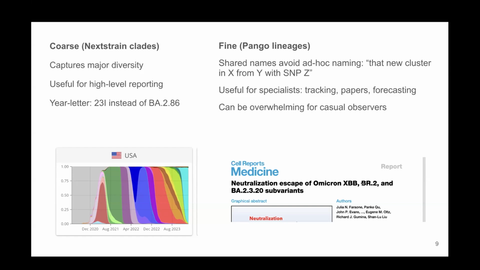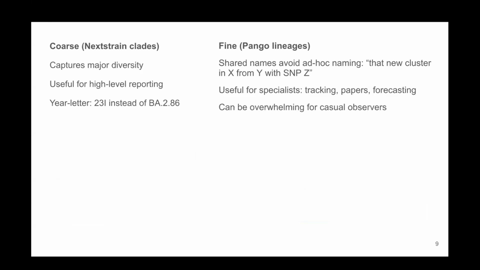For example, here BR.2 or BA.2.3.20 are part of the BA.2 or BA.2.75 Nextstrain clades. I don't even know what the clade names are, because they're just colors, but people can use those lineage names in papers and communicate very effectively which exact lineage they've studied. You can query BR.2 or BA.2.3.20 on Google Scholar and find all the neutralization studies. Whereas if there was no name for it, it would be very difficult to quickly aggregate all the available results. So that's one thing.